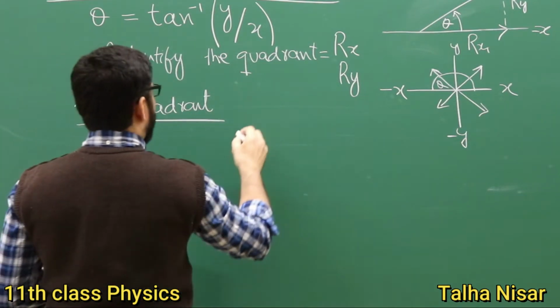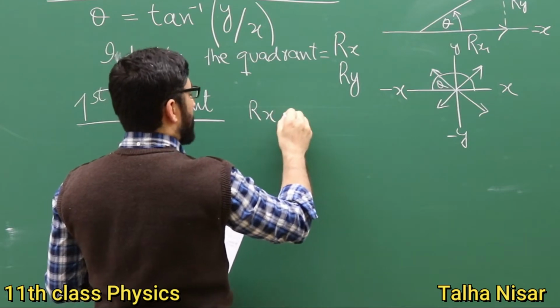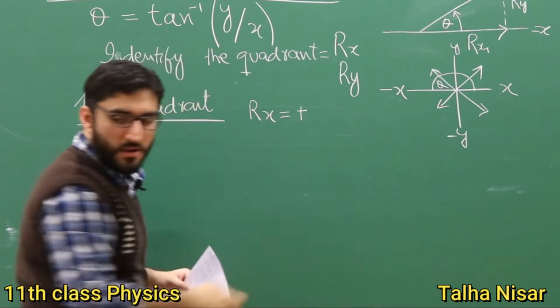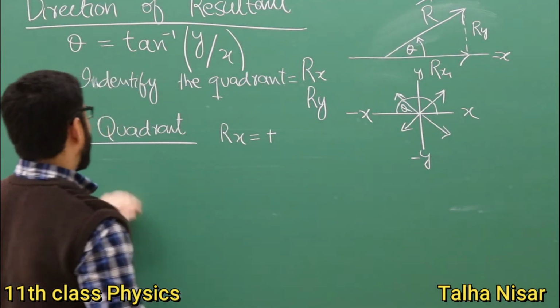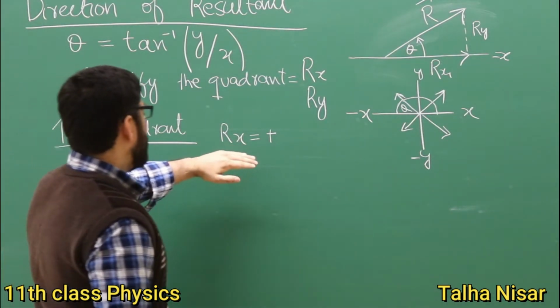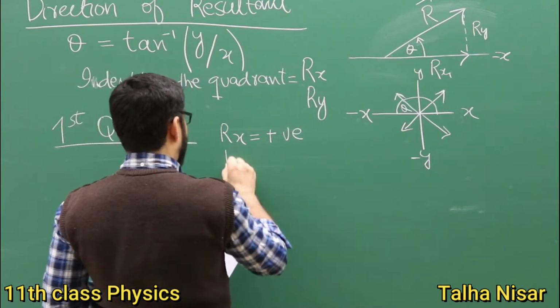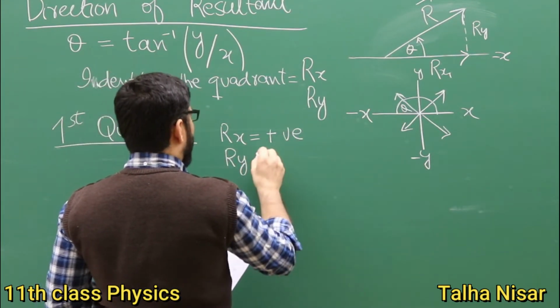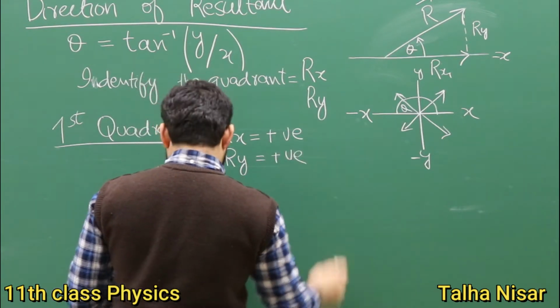For the first quadrant, as we see, our Rx is positive, has a positive sign, and the Ry has a positive sign.